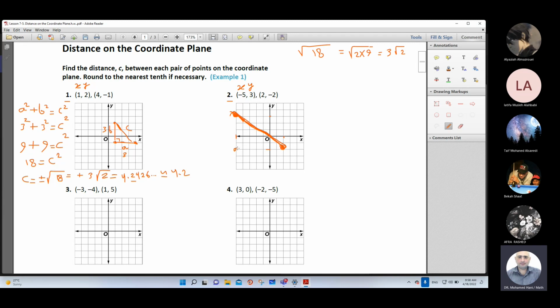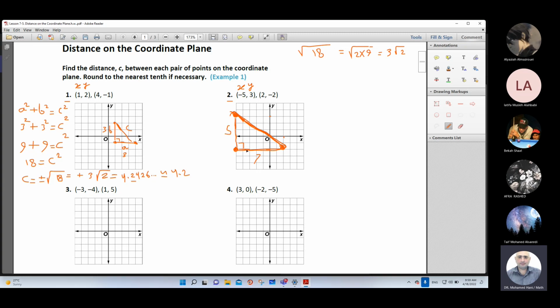The third point will be here. So this is a leg and this is a leg here. And as you see here, we have the right triangle. How to know the length of each leg? We can count the units. Here we have 1, 2, 3, 4, 5, 6, 7. And here we have 1, 2, 3, 4, 5.